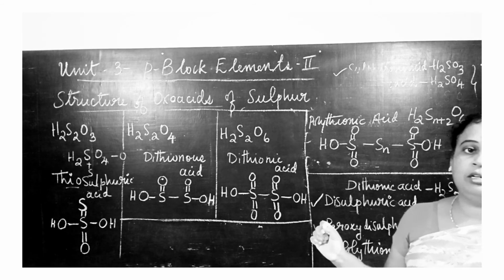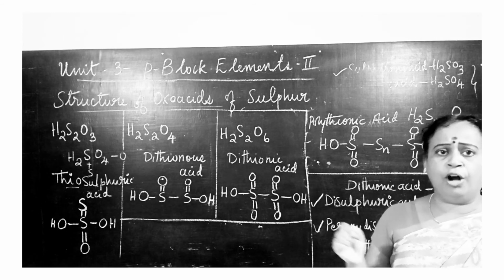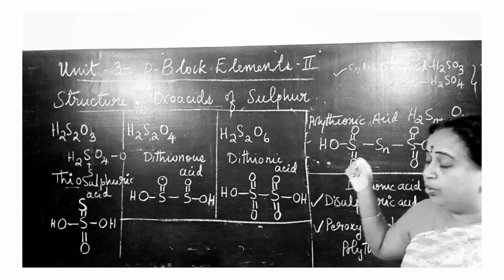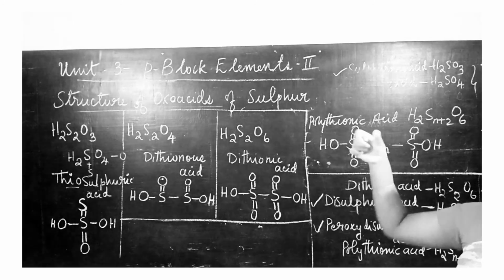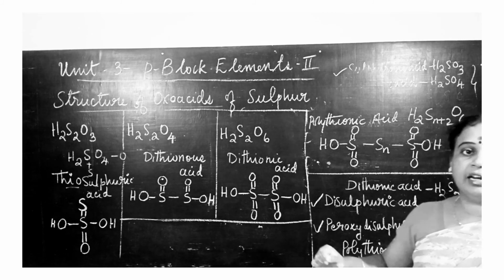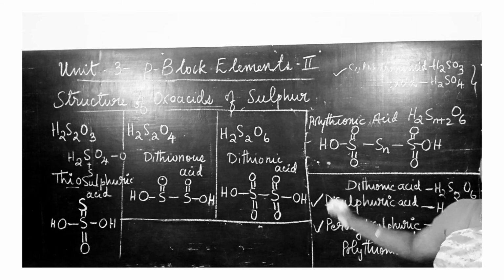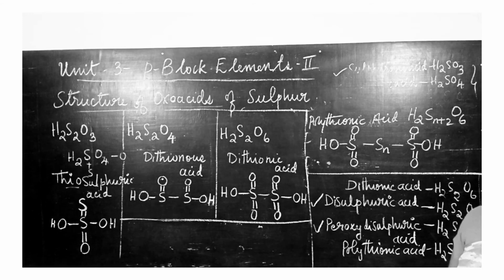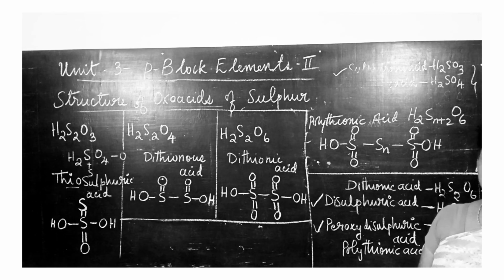It's very important for competitive exams like NEET, where they will give you the name and from the name you have to write the structure. For that reason, I have explained how the names are derived and how the structures are derived. I hope you understood. If you don't understand, please repeatedly watch the video. Thank you.